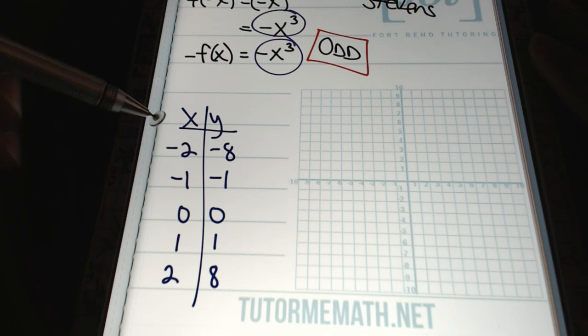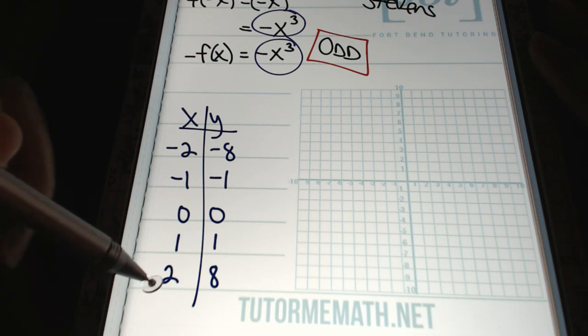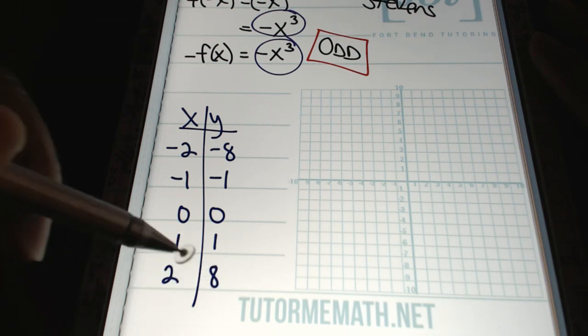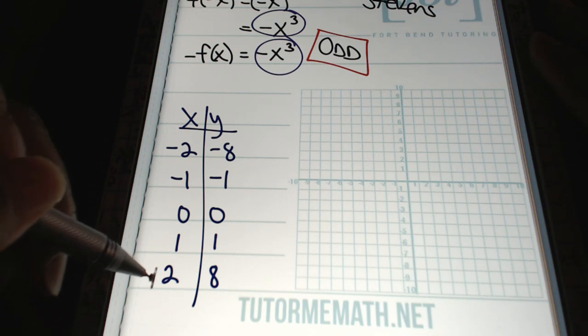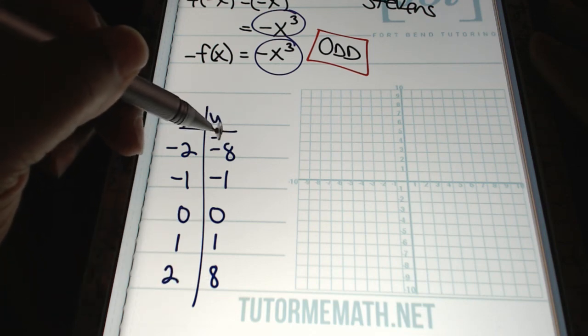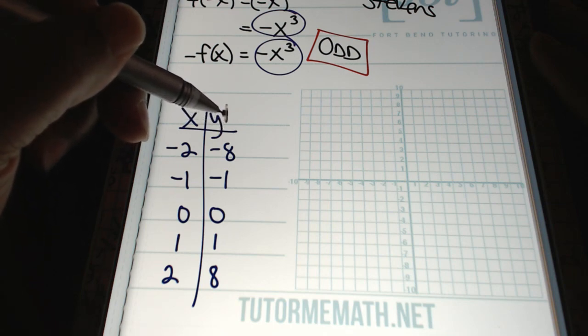So this is another way to prove that you have an odd function. Remember, the test says that when you plug in the opposite value of x, that should be equivalent to you changing the sign on that original y value itself. So when I plug in the opposite value of an x value that I plugged in, I'll end up with the opposite y value. So this confirms that I'm dealing with an odd function.